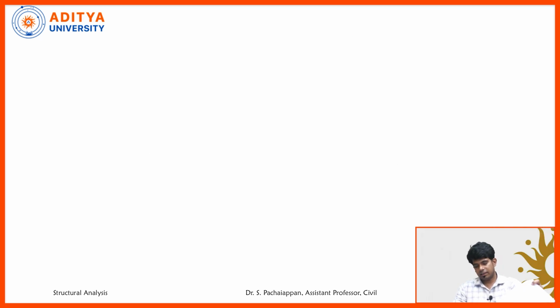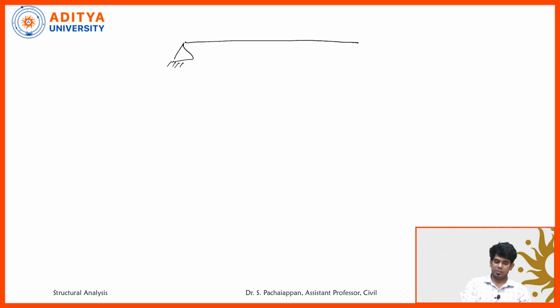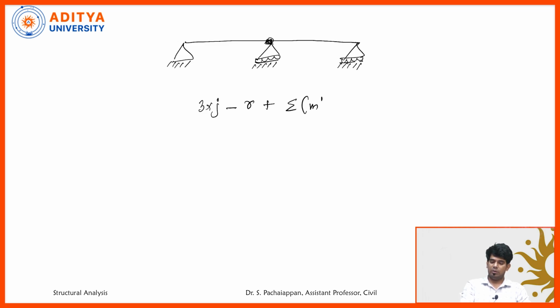Take another example. We have a hinged support, a roller support, and let's have another roller support. Now, I am placing the internal hinge exactly at the middle of the supports. Let's write the equation: 3j minus r plus summation of (m dash minus 1). 3 times the joints, 1, 2, 3 joints, so 3 times 3, minus reaction forces.